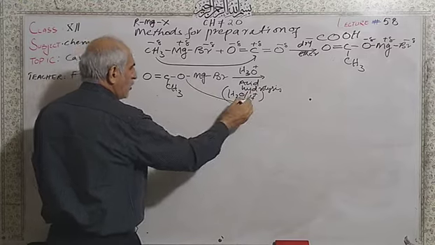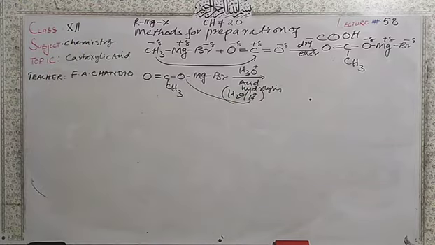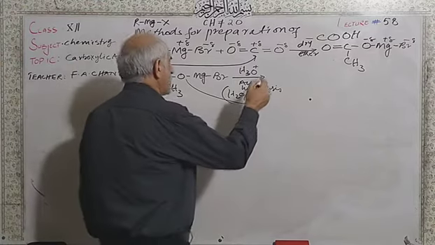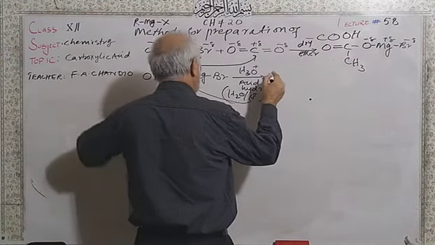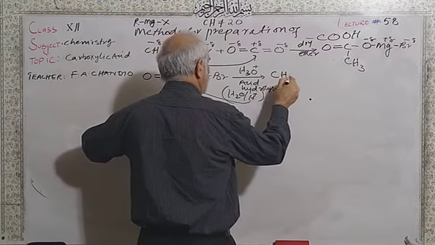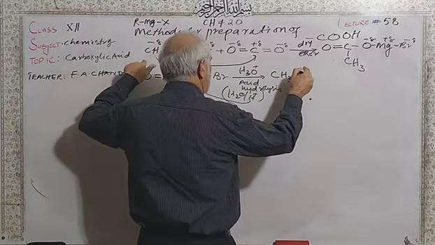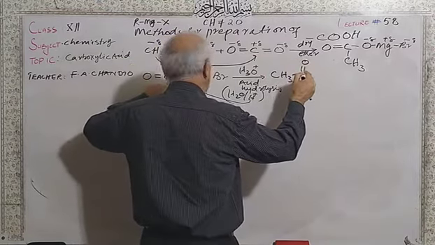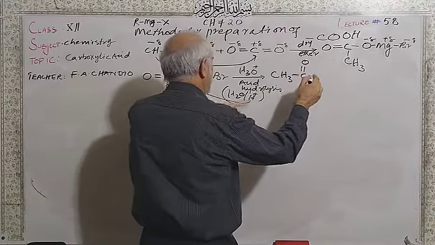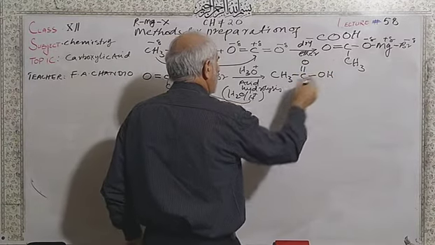These protons combine with oxygen to make the carboxylic acid functional group. So this is the alkyl group, carbon, double bond oxygen, and oxygen, and this proton is connected with oxygen. This is ethanoic acid.